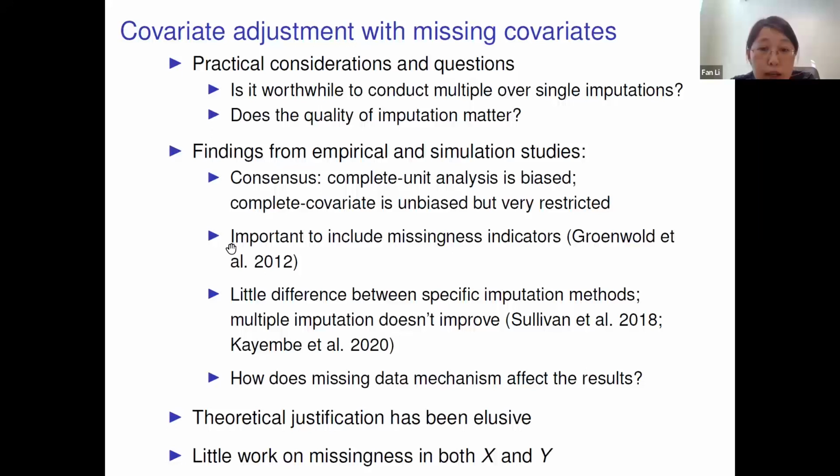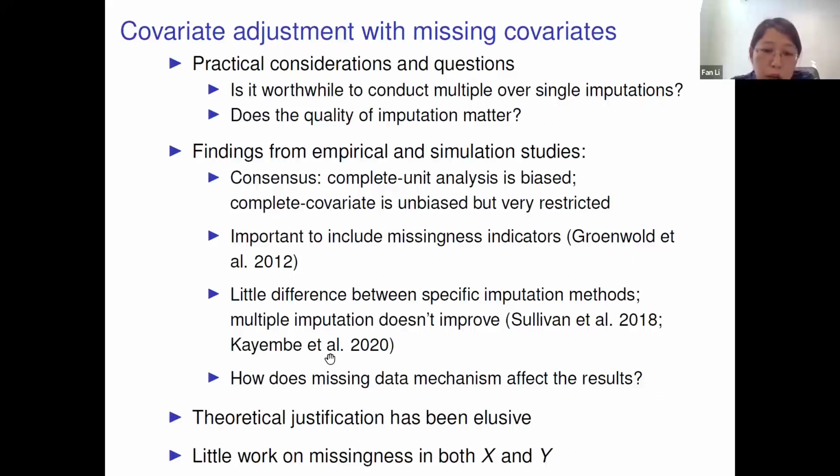That doesn't seem to make any sense, right? Earlier, people also noticed that it's important to include missingness indicators. Plenty of simulation has also shown that there's very little difference between specific imputation methods. For example, multiple imputation doesn't help compared to the much simpler single imputation. In general, there seems to be little difference between the different imputation methods.